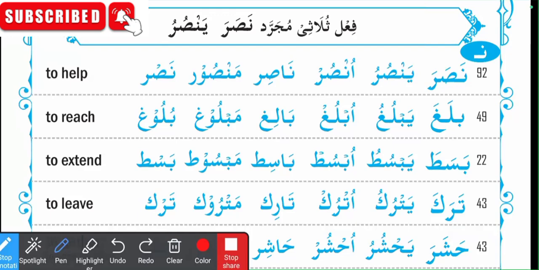Yunsaru, yunsarani, yunsaruna, tunsaru, tunsarani, yunsarna, tunsaru, tunsarani, tunsaruna, tunsarina, tunsarani, tunsarna, unsaru, nunsaru.